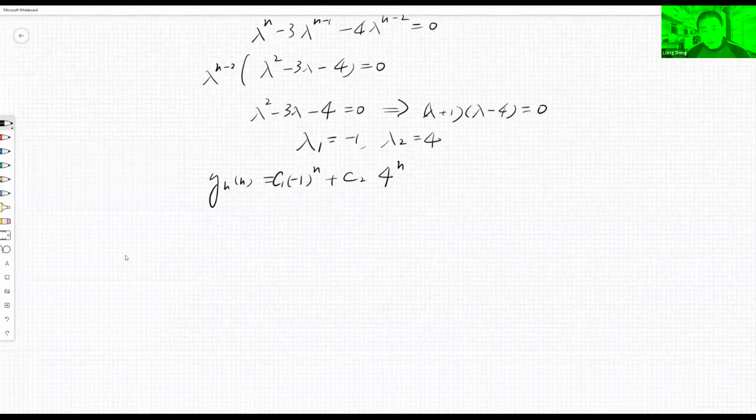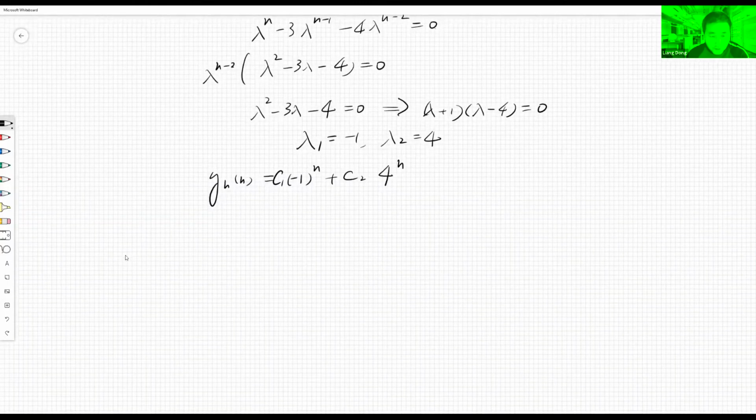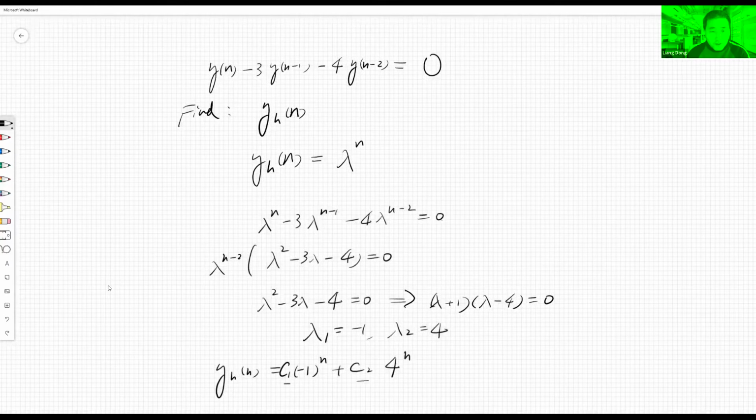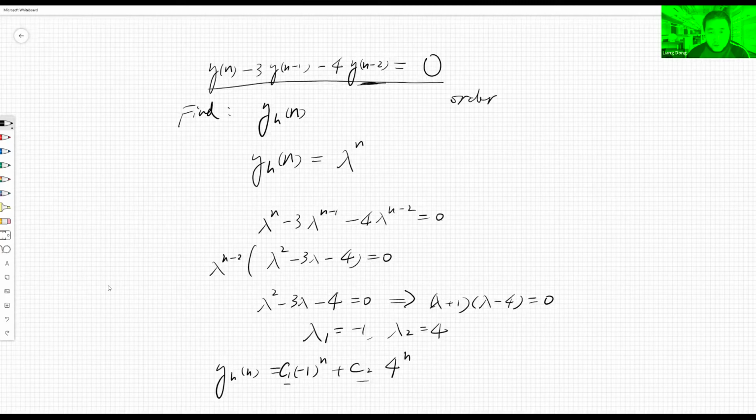And of course, you want to find out those two parameters, c1 and c2. Now that comes from the initial condition. Since my original difference equation is order of 2, I have here feedback y[n-2]. So this is a homogeneous equation of order 2.